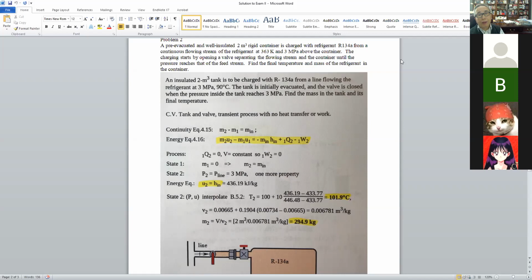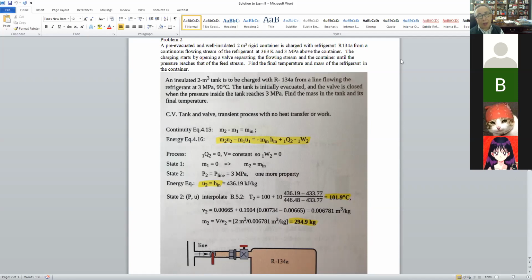Do you think the temperature will be lower or higher than the inlet temperature? The answer is it's going to be higher.